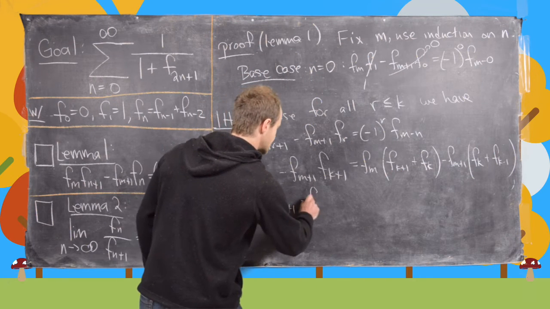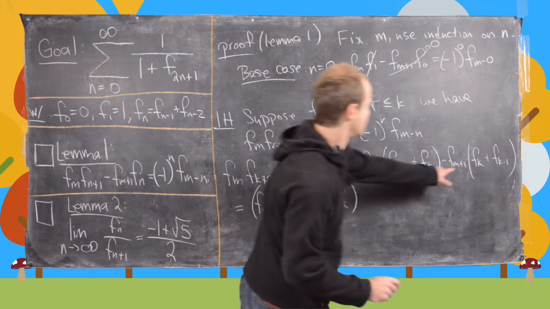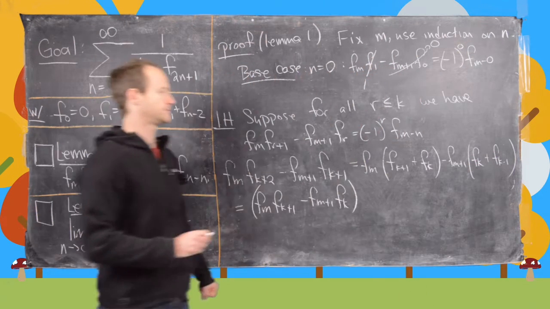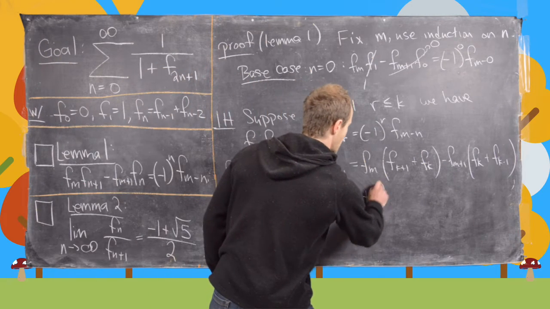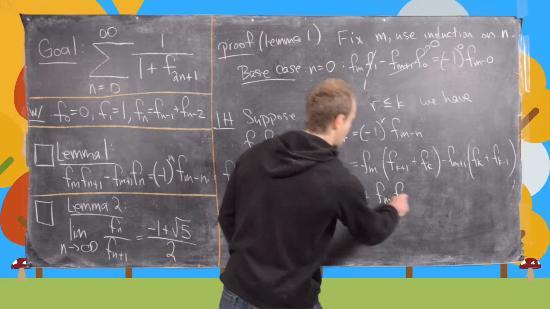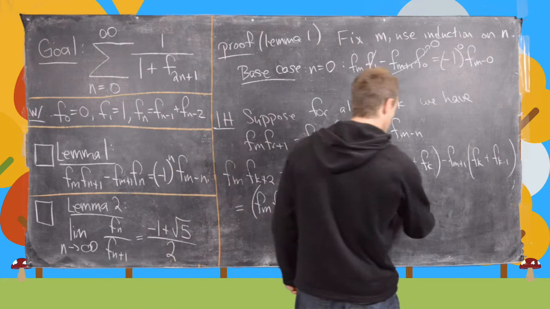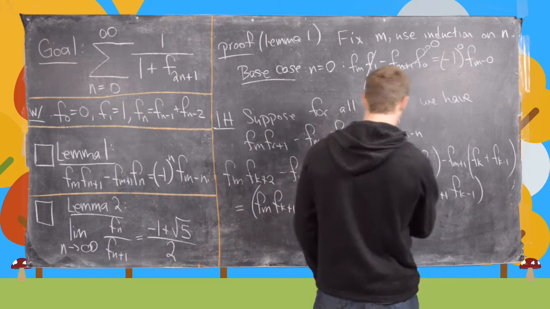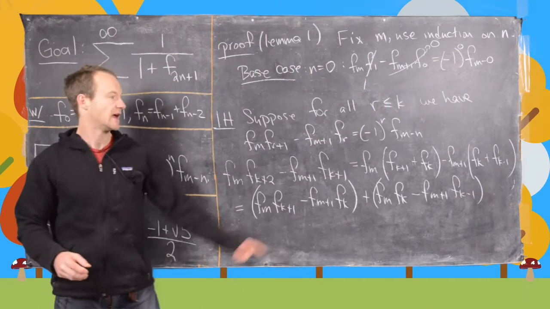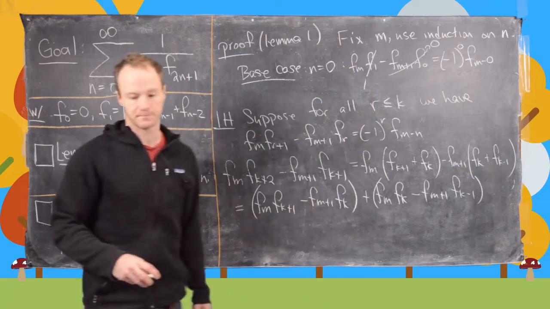And then we'll have plus f_m f_k, so that's that term times that term, and then minus f_(m+1) f_(k minus 1), and that's obviously this term times that term.